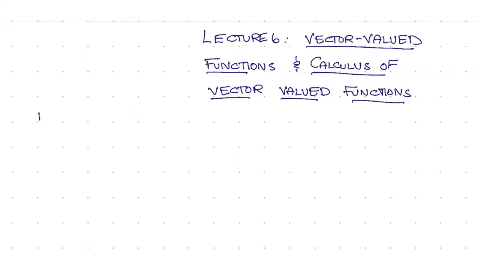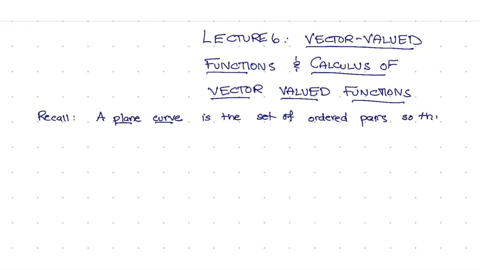Previously, you defined a plane curve as the set of ordered pairs (x, y) so that x and y are both parametrized by functions in terms of t.